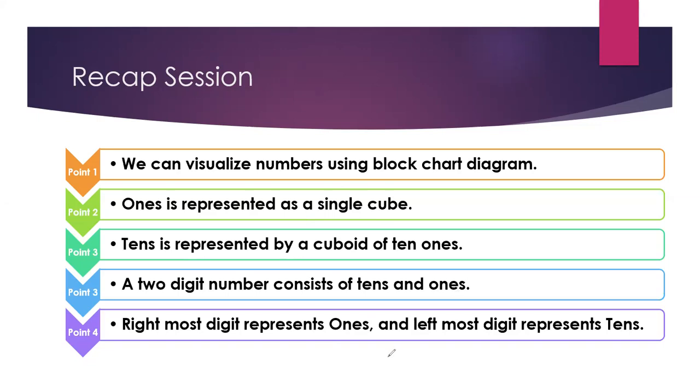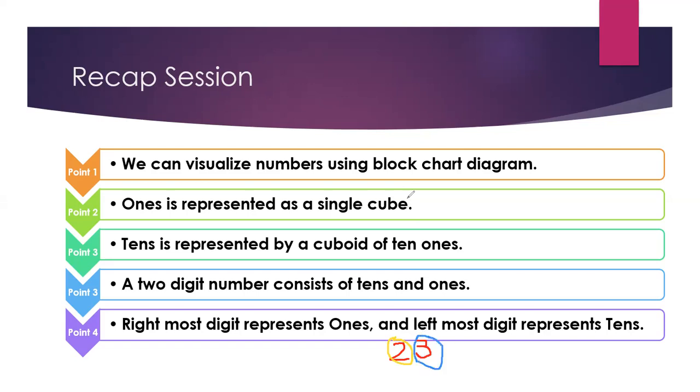For example, if you are having 23, the leftmost digit here is 2, and the digit just to the right of the 2 is 3.